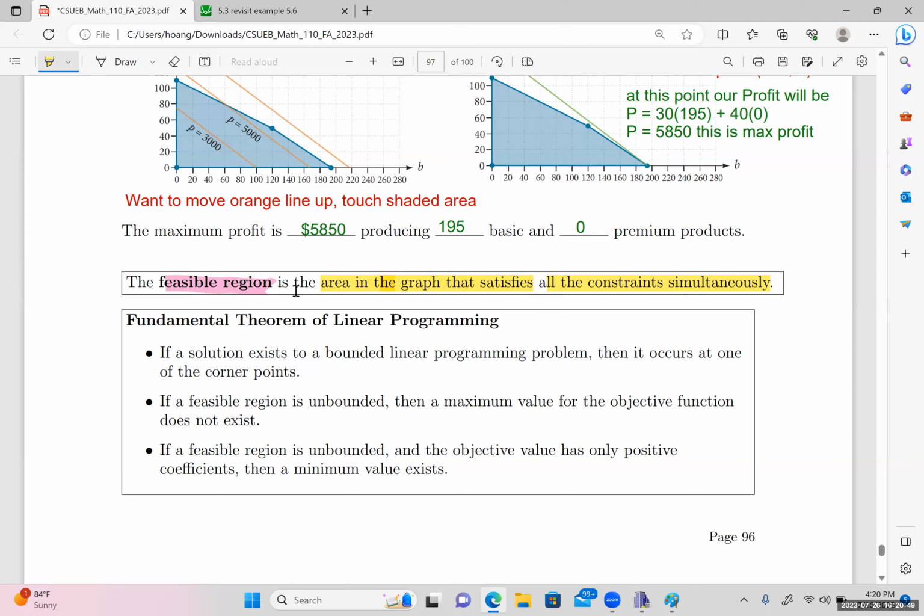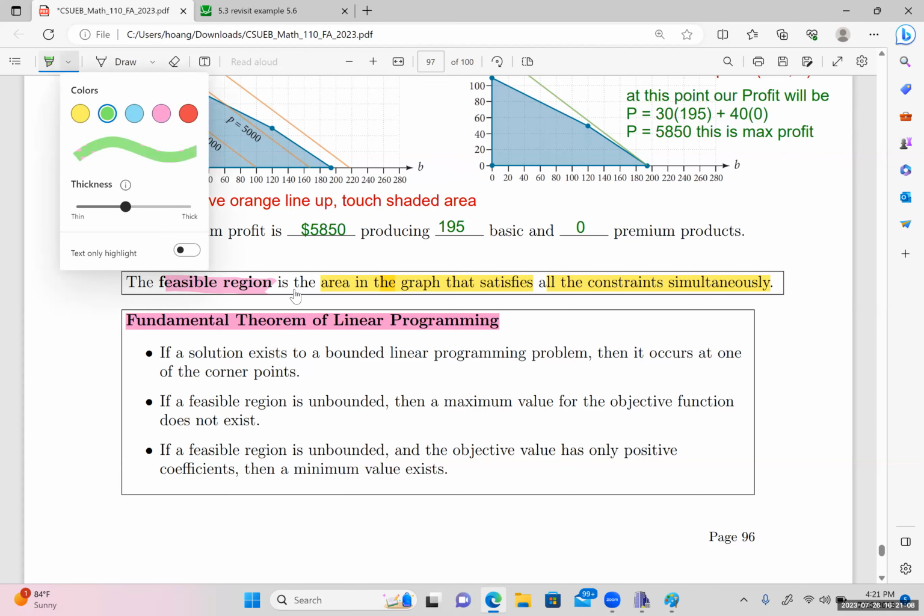Okay, so fundamental theorems of linear programming, according to the problem above, we can have three things here.